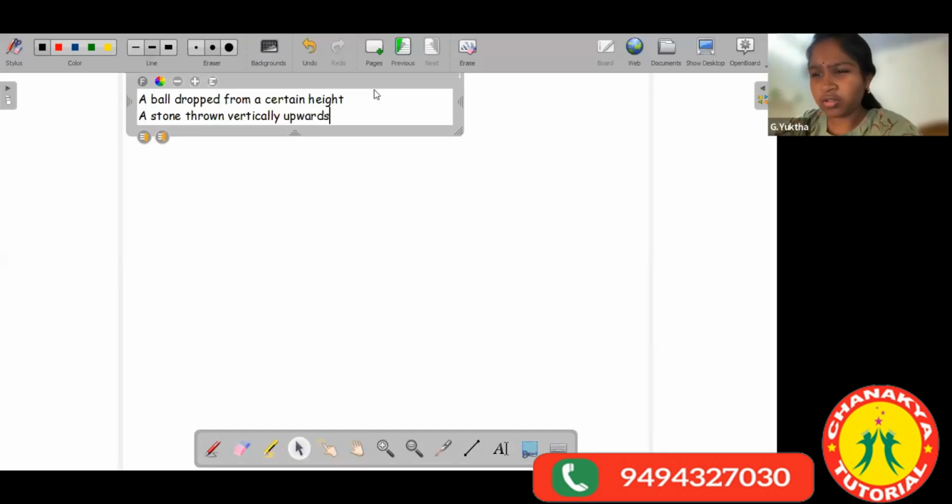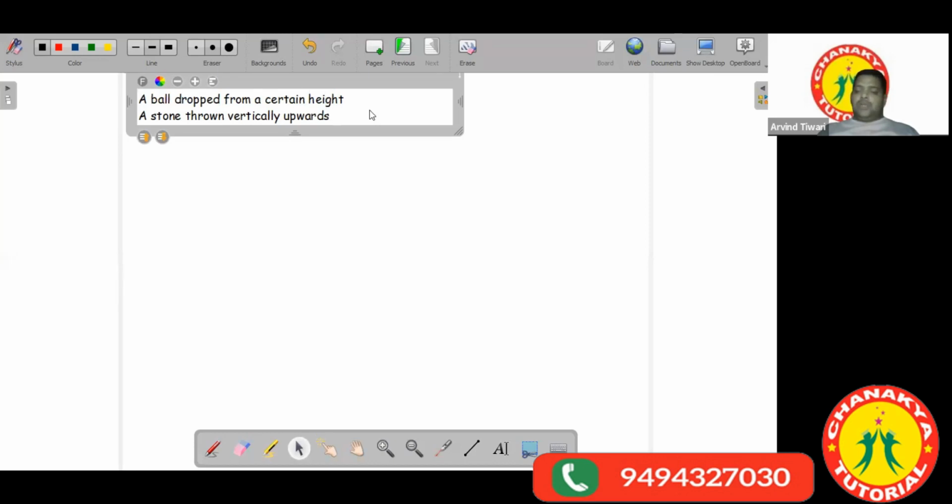Sir, is it non-uniform? A ball dropped from a certain height, a stone thrown vertically upward, both are examples of non-uniform motion, right? As in this case, we observe the speed of the ball changes. The speed of the ball is not constant.